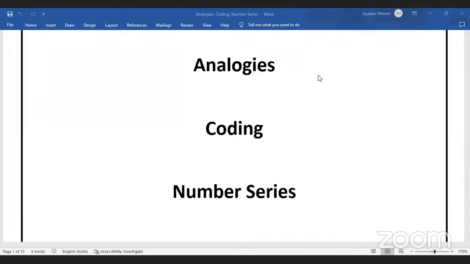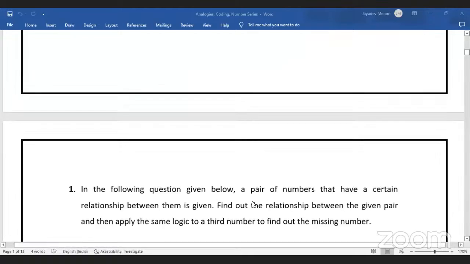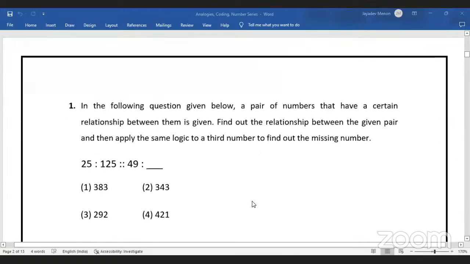So we will start with the first question. This is our first question. In the following question given below, a pair of numbers that have a certain relationship between them is given.